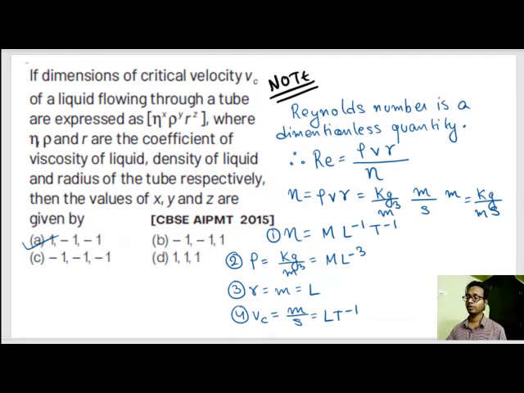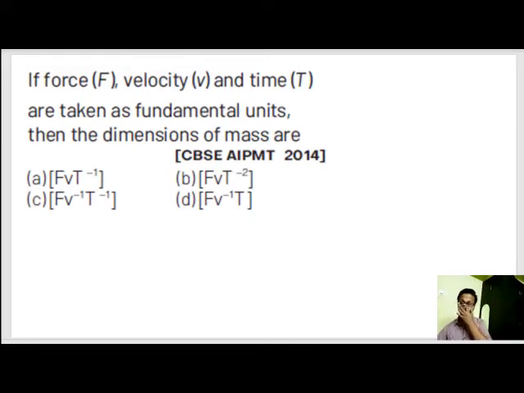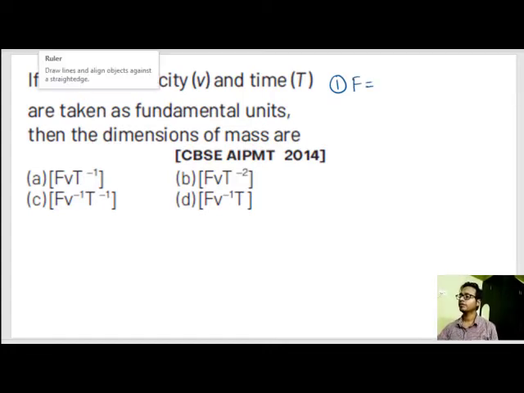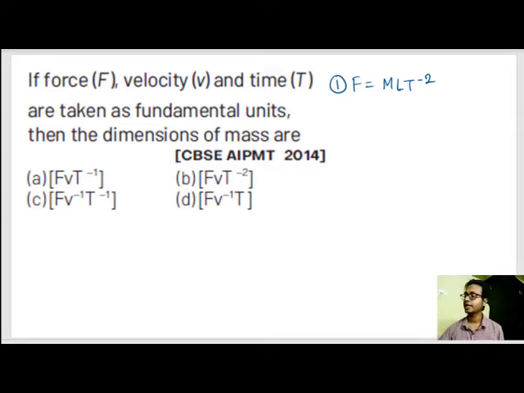Now let's look at another question. If force F, velocity v, and time t are taken as fundamental units, then the dimension of mass is. This question directly asks us to solve using the Rayleigh method. The dimension of force is M L T minus 2, or kg meter per second squared.